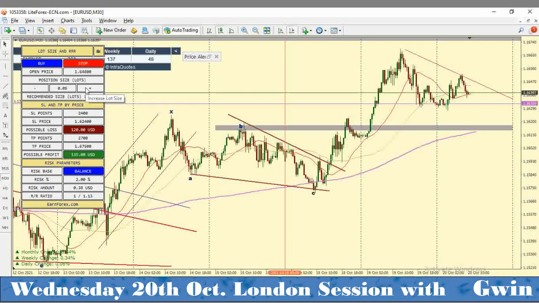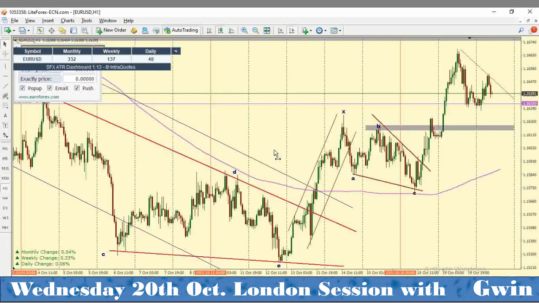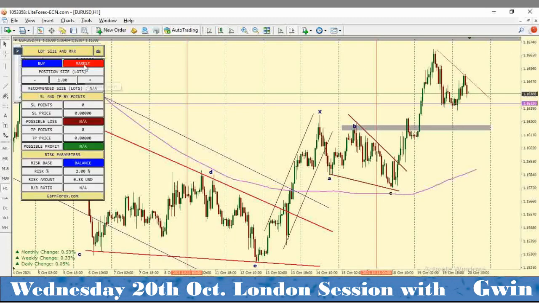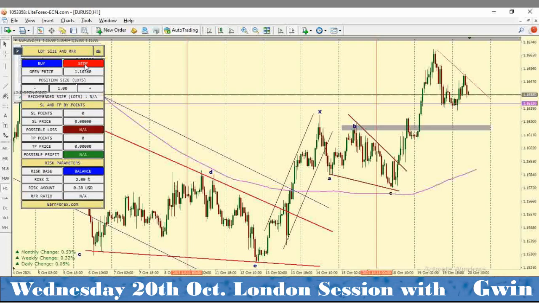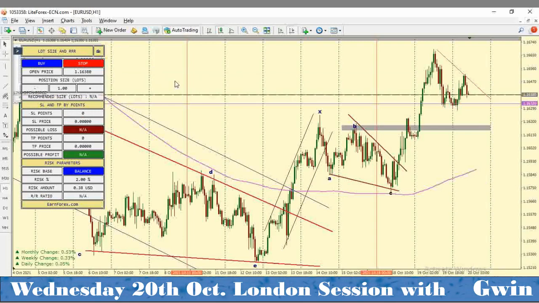So what's going on? Let's see what's going on. All right, let's put up a buy stop. Let's try it again one more time. 1.1650.